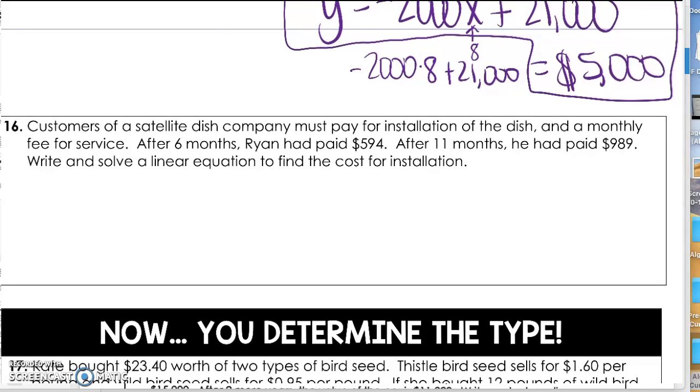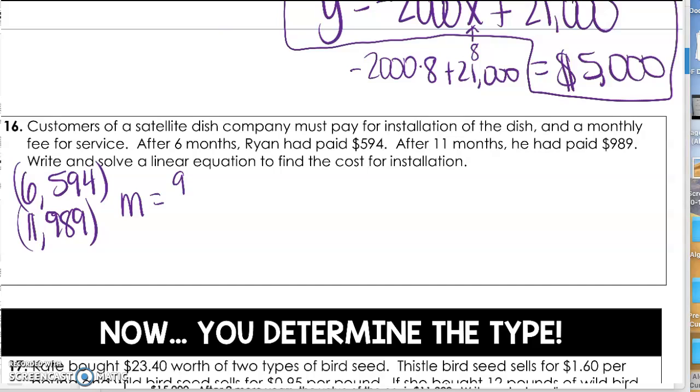And our last one, we have a monthly fee and installation. So 6 months was $594, and 11 months was $989. So again, this will be a really long problem where you have to write all this out. $989 minus $594 over 11 minus 6.